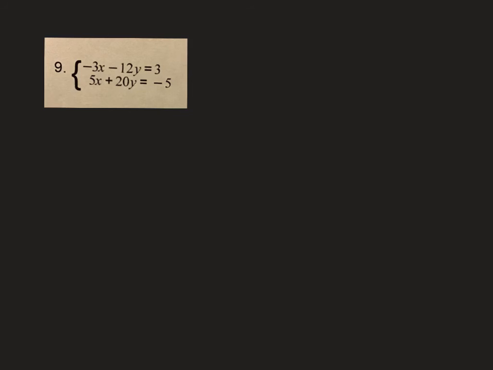So both of these have variables that are already opposite signs, so it's kind of up to you which one you want to eliminate. I'm going to eliminate my x's since the numbers are smaller. So I'm going to multiply my first equation by 5 and my second equation by 3.